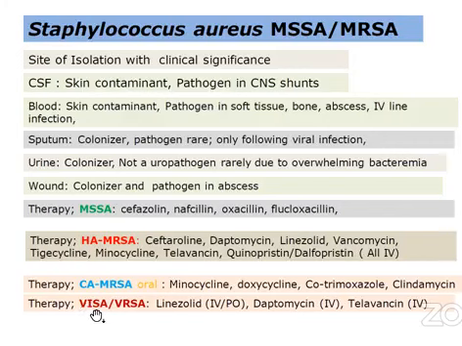For VISA or VRSA, briefly mentioned earlier in the presentation, linezolid and daptomycin are the preferred therapy. But we must remember that these are only suggestions. Actual empirical therapy should be guided by our local antibiogram.